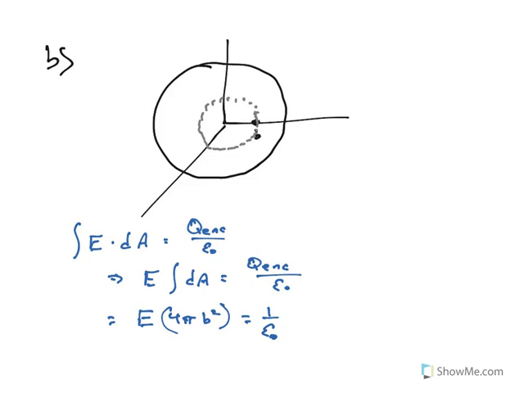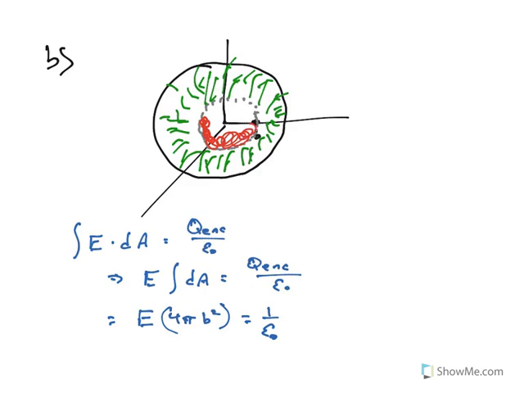Notice now there's a lot of this conductor that is outside of our sphere. And all of that amount of charge being outside, not enclosed, does not give us any electric field. Or no net electric field, I should say. It cancels itself out with other regions. So I only want to know how much is inside of this sphere.